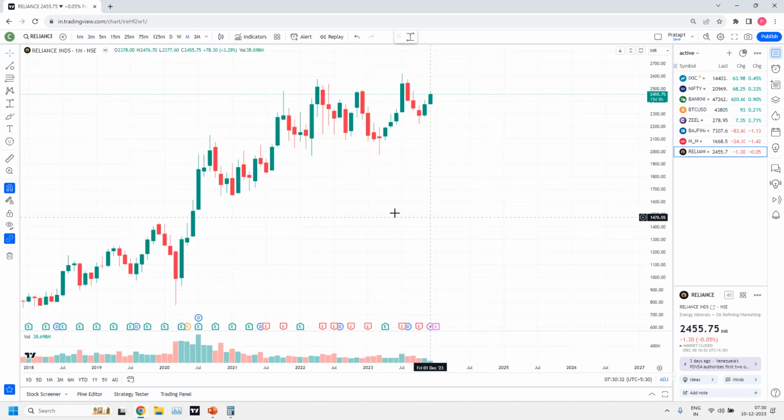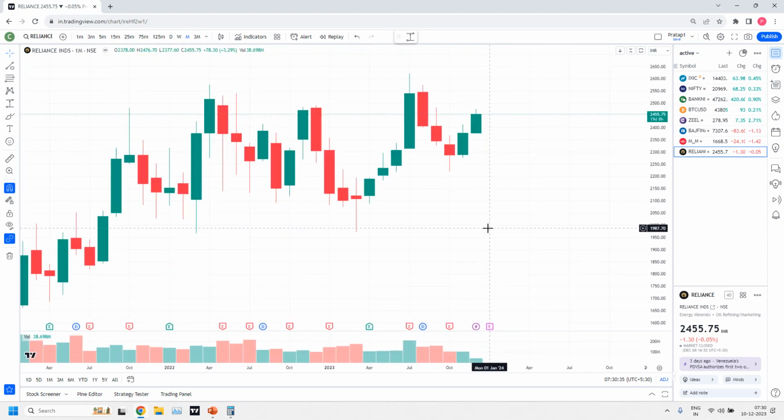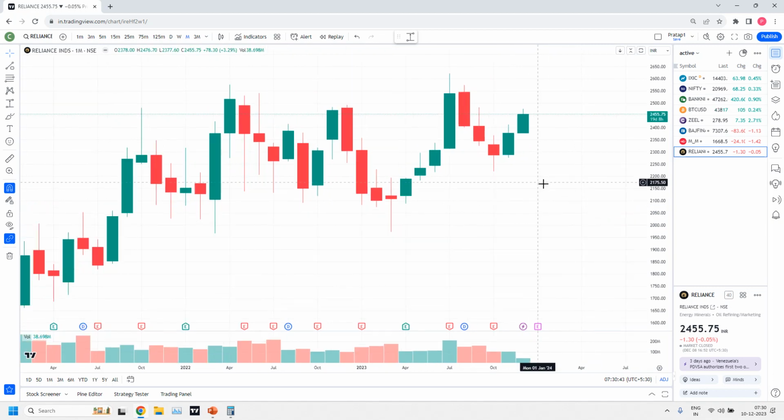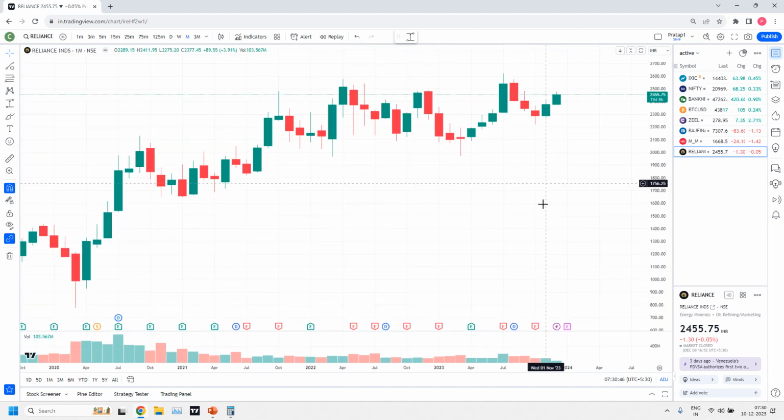Okay, now I want to do the same analysis for Reliance. Which analysis? Finding the location. Okay, Reliance, where is the demand zone?